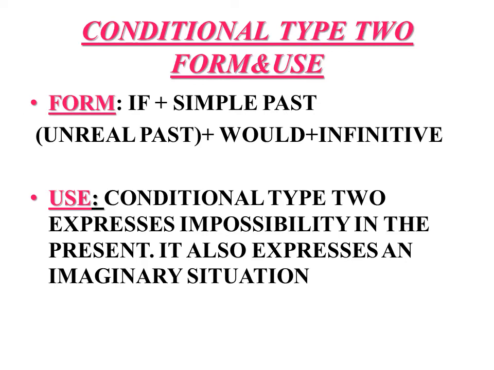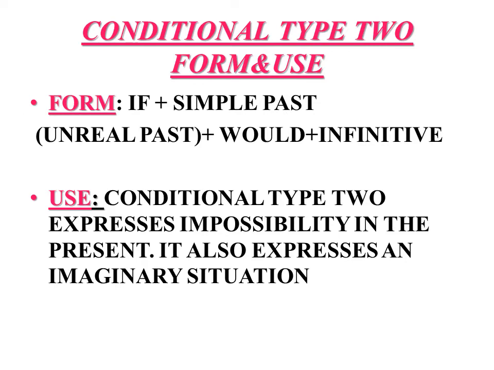And of course, you should take by heart your list of irregular verbs to be able to write the verb in the simple past correctly. Conditional type 2 expresses impossibility in the present, something that is not possible in the present. It also expresses an imaginary situation, and this is what we saw together in the previous examples.